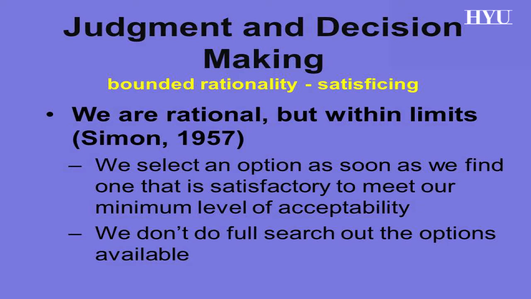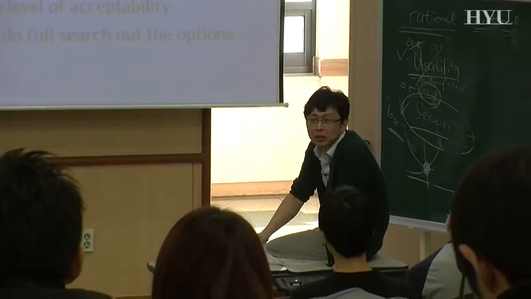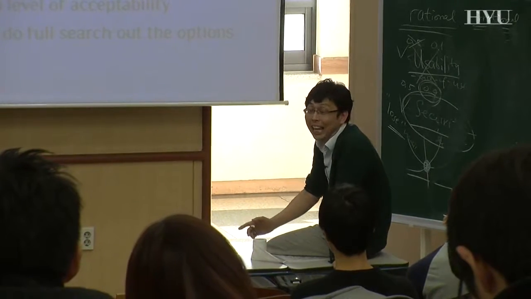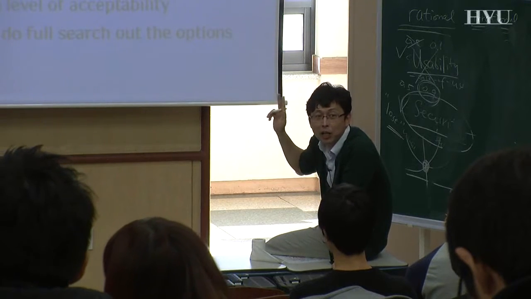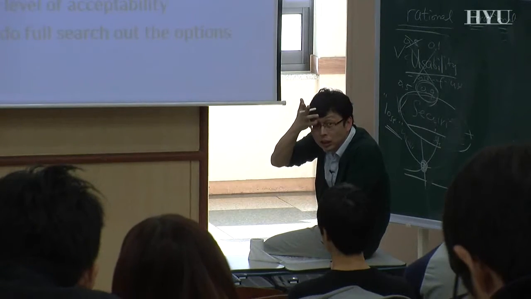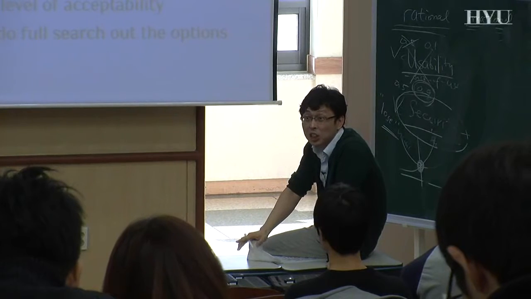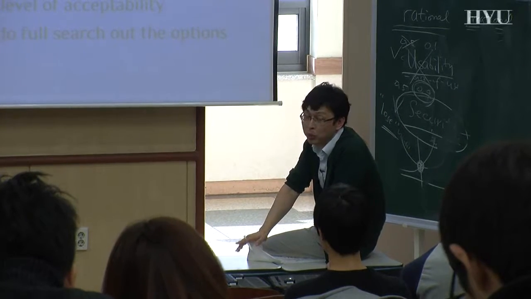We can't find the optimal level because we are not computers. Computers do optimal solutions. That's why Simon made means-ends analysis. GPS, General Problem Solver, mentioned in week 8, can do means-ends analysis to find the optimal solution. Humans cannot do this optimal solution search. We are happy with suboptimal.